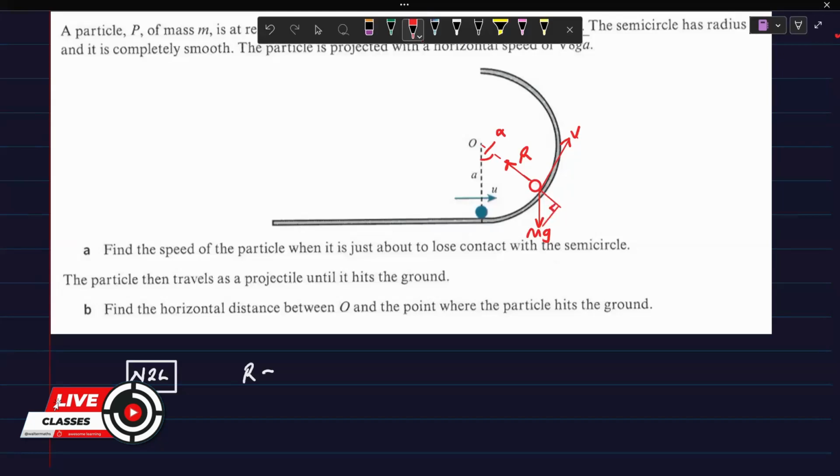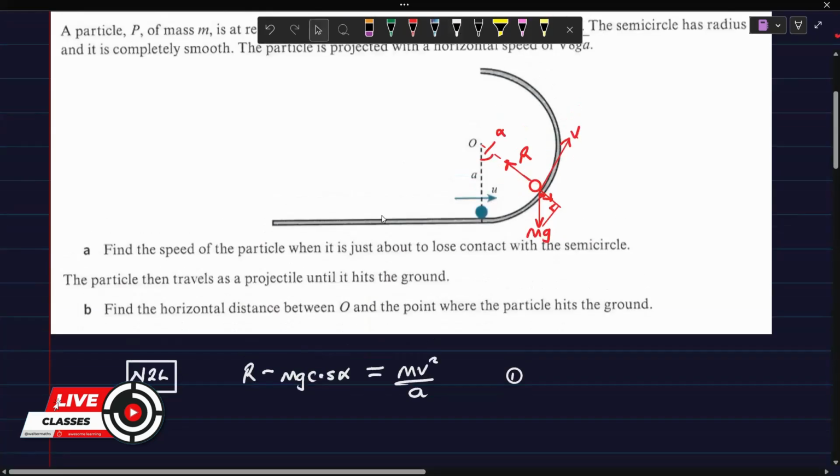We have a right angle here, so this component of mg is technically mg cos alpha, because the angle here is alpha. So that's the resultant force, actually the centripetal force, the resultant of the normal reaction and the component of mg. This has to be equal to mass times acceleration, which is mv squared over the radius, in this case a. So we're going to have this as equation 1.